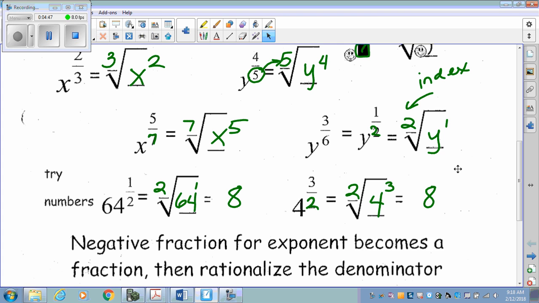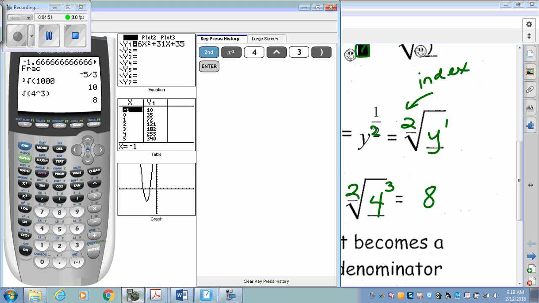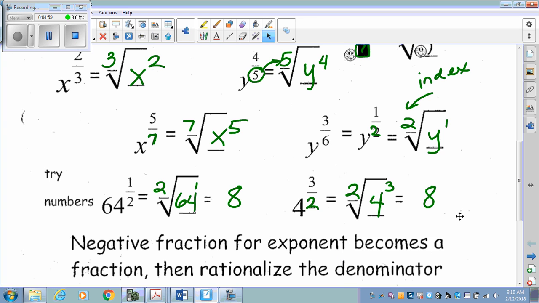Because if I take 4 to the 3rd power, that's 64, right? So this was really the same as this one. This is the square root of 64, and we could also write 64 as 4 cubed. So it comes out to be the same thing.